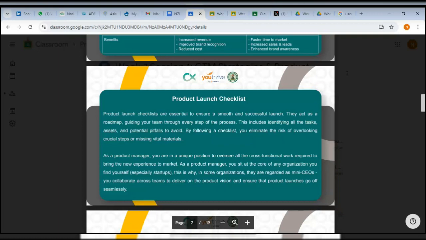You have product requirements. You know what it is: all the features and functionalities that you want to exist within your product. When you're doing your product launch, it's like, what are the things that I want to achieve? How do I want my product to appear in the market?